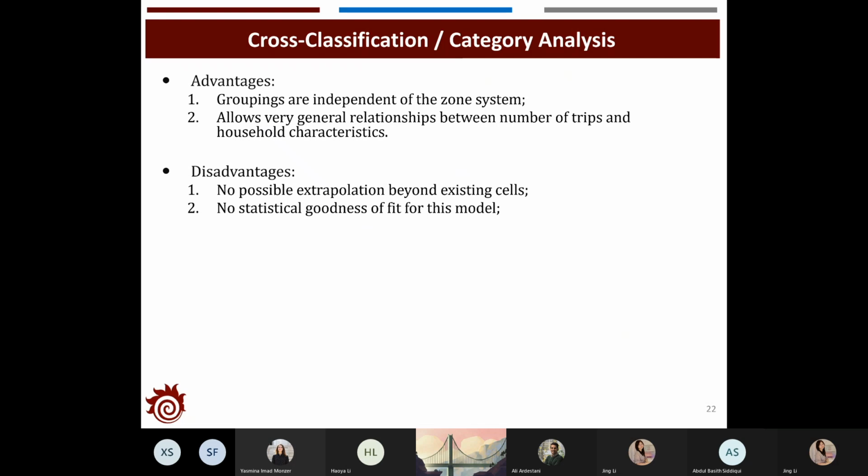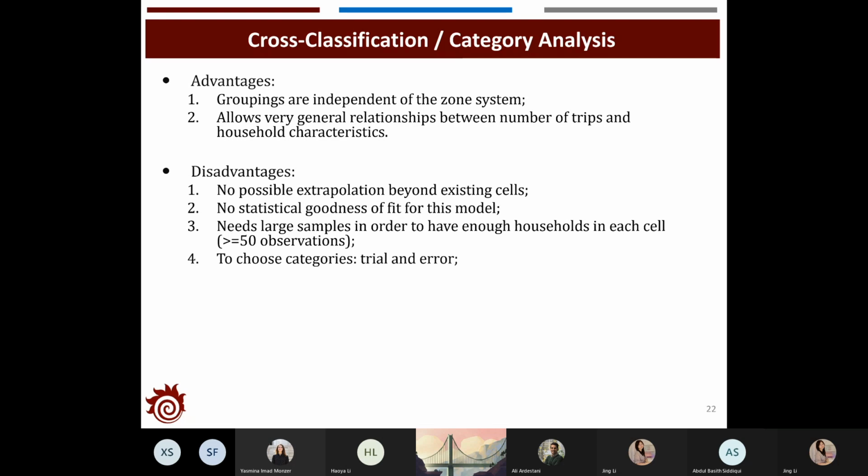So it's hard to make any judgment about the goodness of fit. Moreover, for this model we need very large samples to achieve a certain accuracy. Generally for each cell, we need more than 50 observations. So the cost of this kind of survey would be very high.